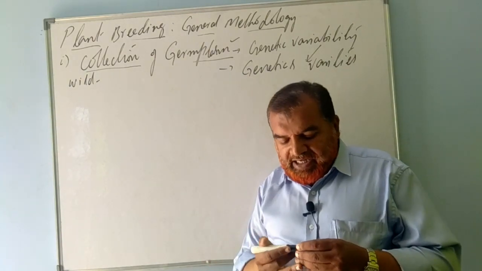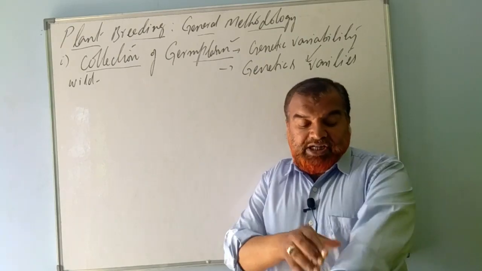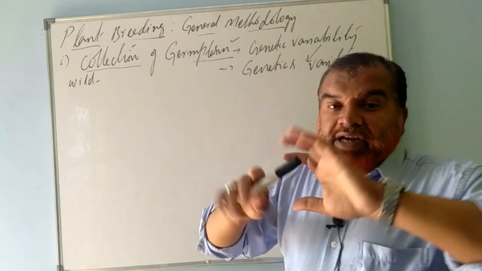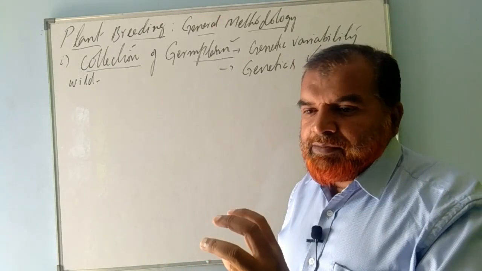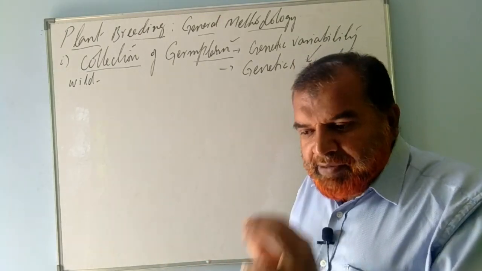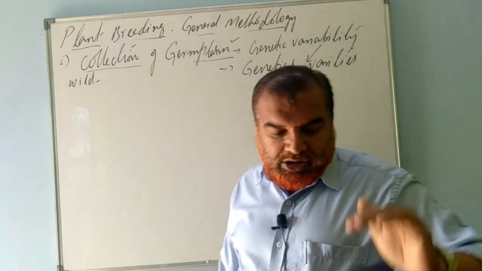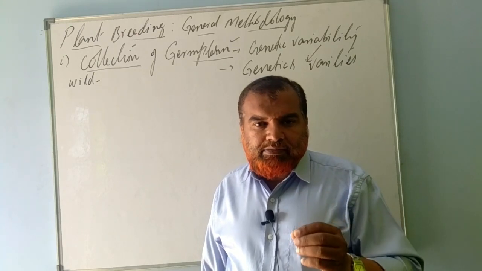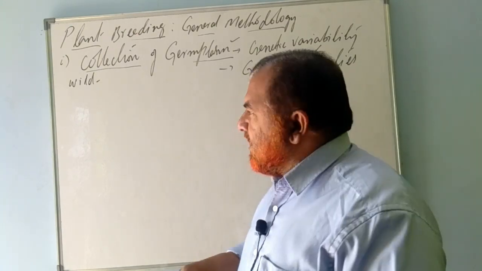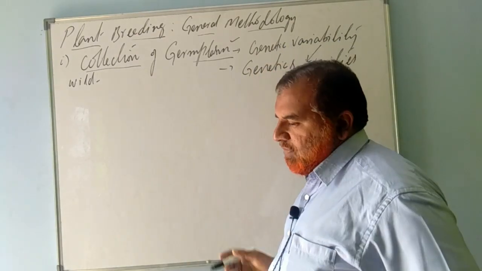It has DNA and RNA, from which the germination starts, the production starts. So all the varieties of that particular species, whether it's a wild variety or the present variety, different ones, shorter plant, longer plant, having different types of fruits, should be collected. Such a procedure is known as collection of germplasm.